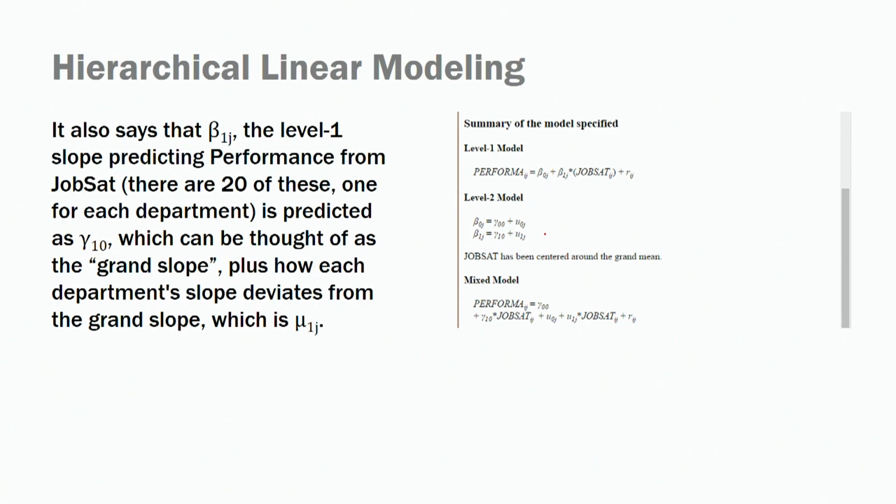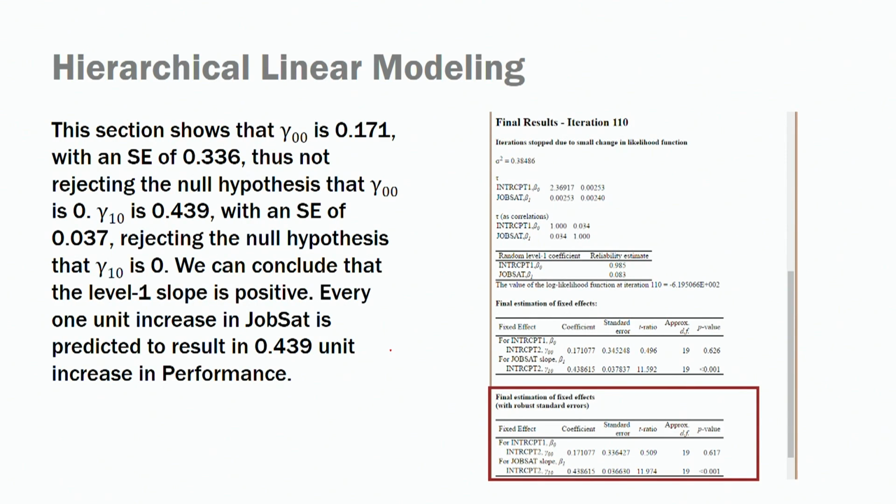Okay? So now that we are here, we are looking at your variables, we are looking at your mixed model equation, and let's take a look at the results, the coefficients. We would go all the way down to the final estimation of fixed effects with robust standard errors.